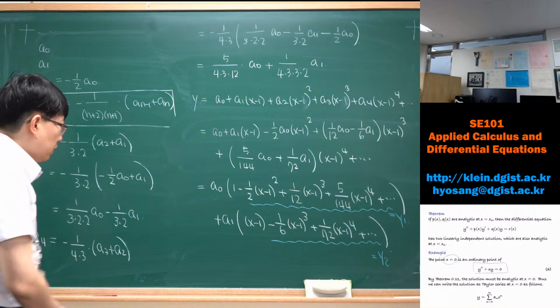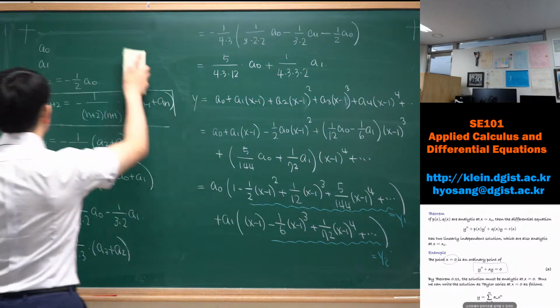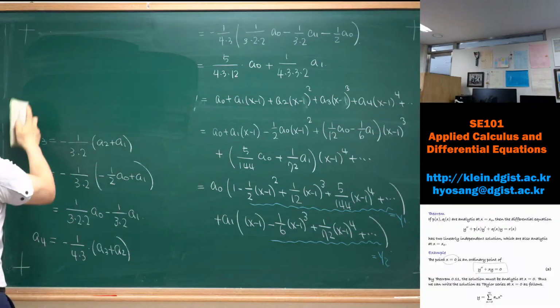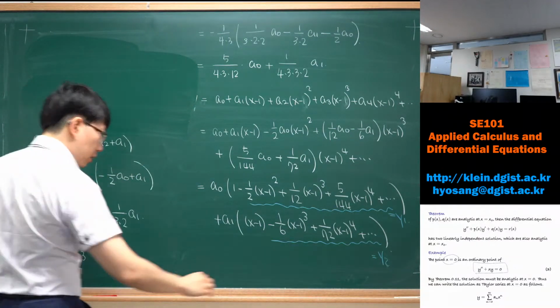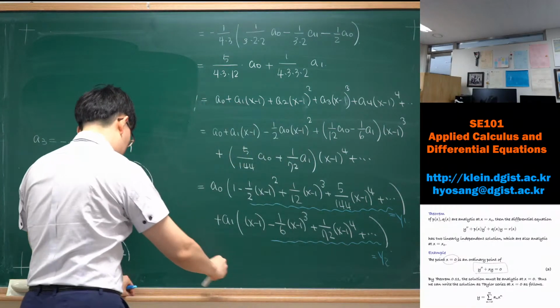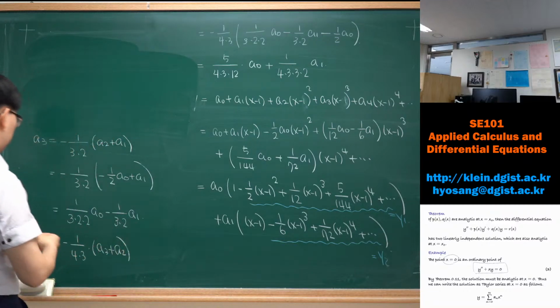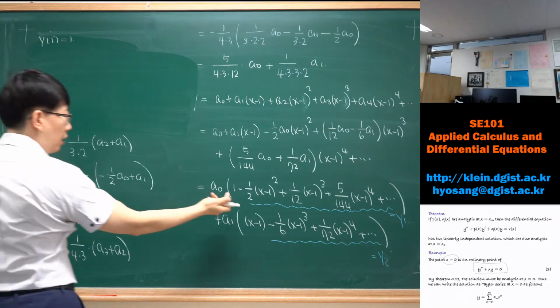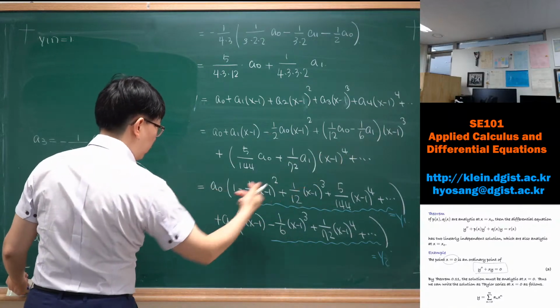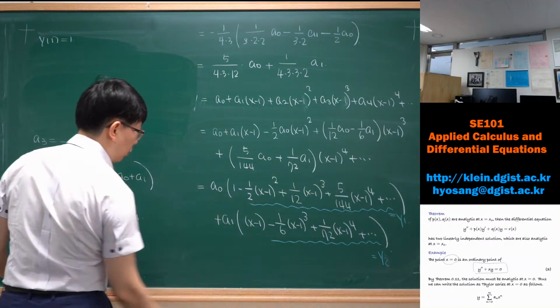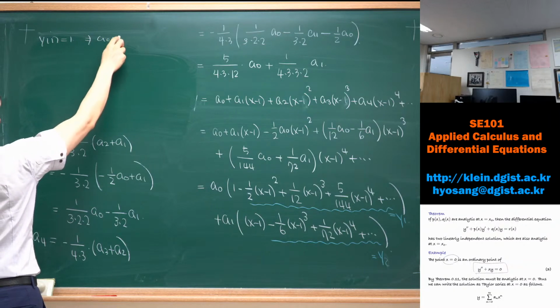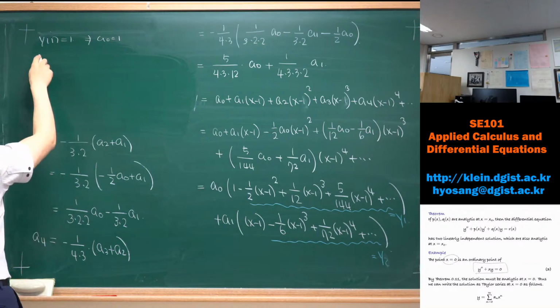Now let's plug in our initial value condition where y(1) equals 1 and y'(1) equals 0. So when I plug in y(1) equals 1, then everything goes to 0 except for 1 here, and this all goes to 0. So it means that A0 is 1, right?